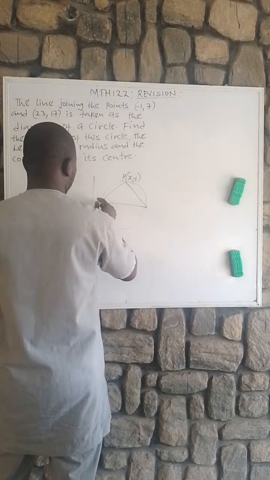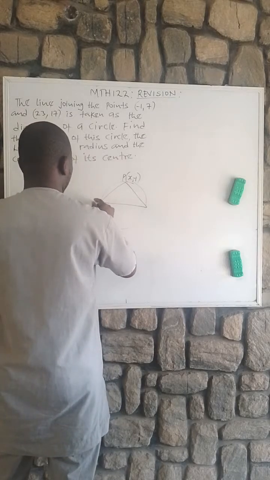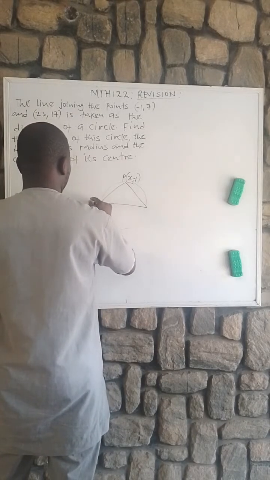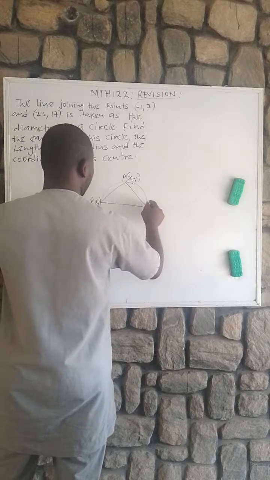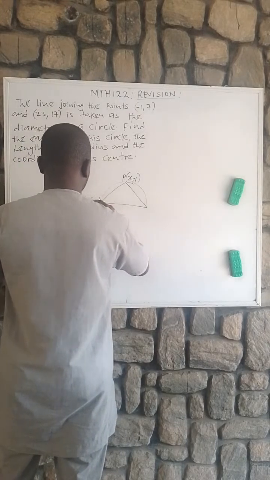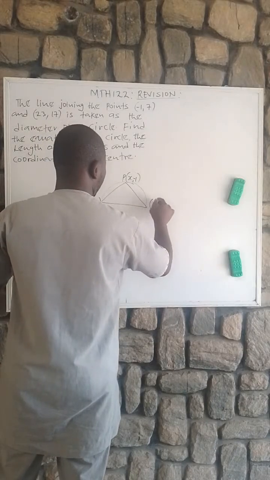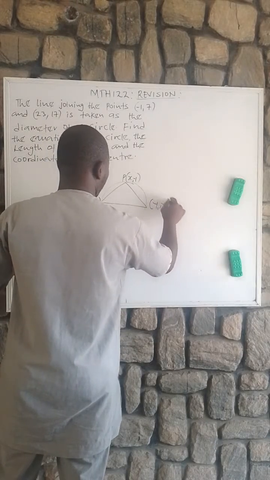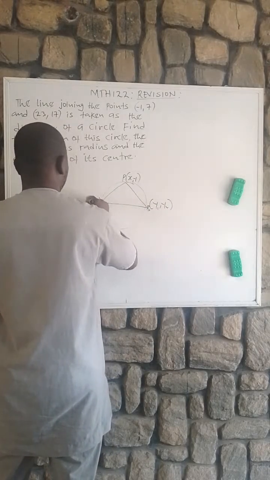Then this is point A, (x1, y1), and this is point B, (x2, y2).